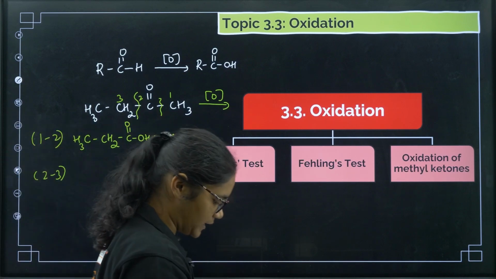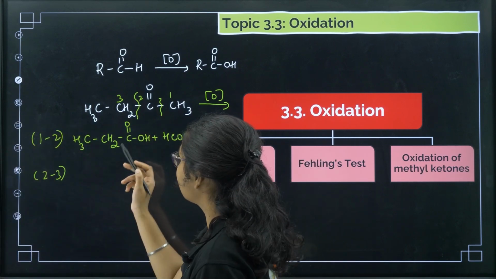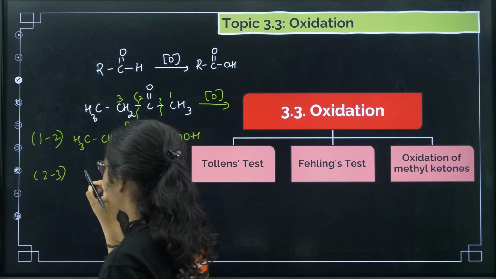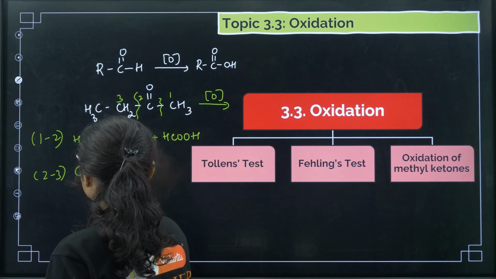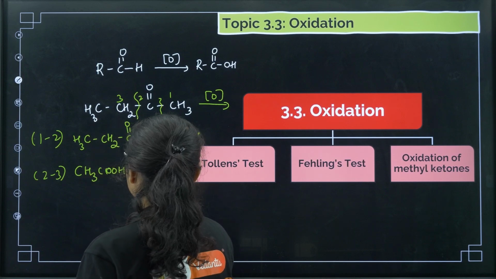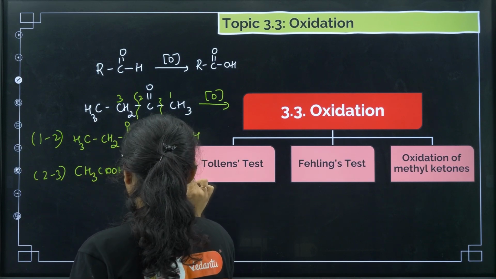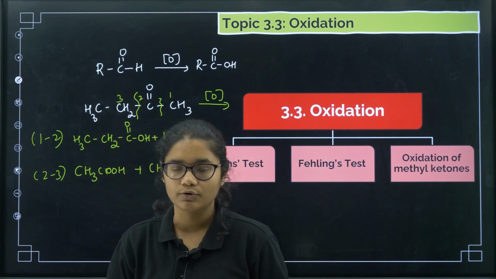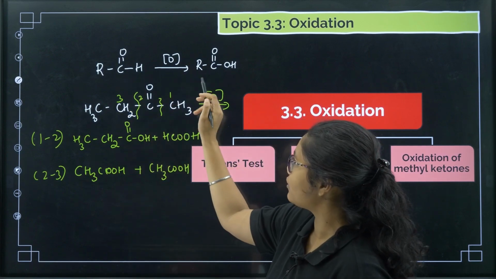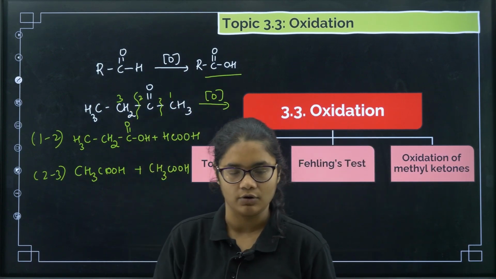In that case we'll get one acid here and one acid here. This is an acid of 2 carbons, so I'll get CH3COOH, and this is also an acid of 2 carbons, so CH3COOH. So when ketones undergo oxidation we get a mixture of products, and when aldehydes undergo oxidation we get acids.